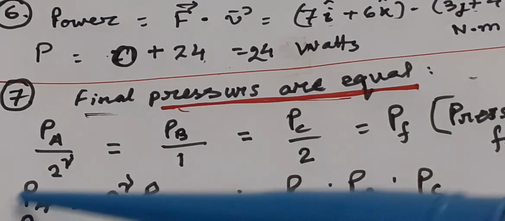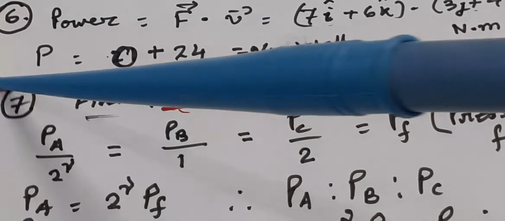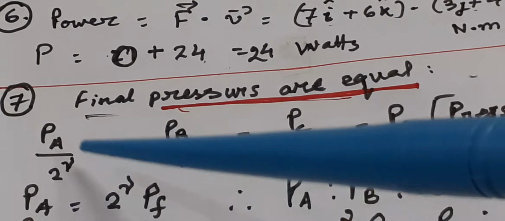Initial pressure PA times V to the power gamma equals the final pressure, which is the same for all as given in the question, say PF, times (2V) to the power gamma. So V to the power gamma cancels, 2 to the power gamma is left, and PA will be PF times 2 to the power gamma.